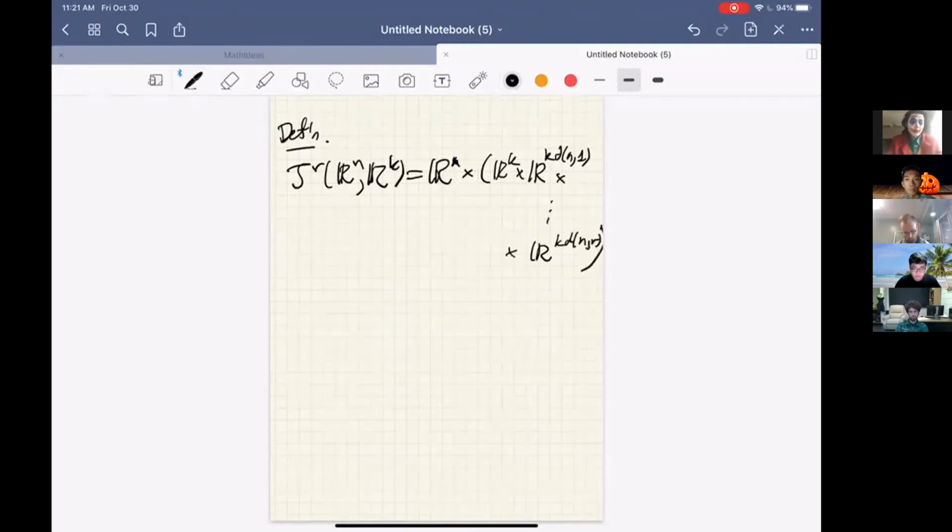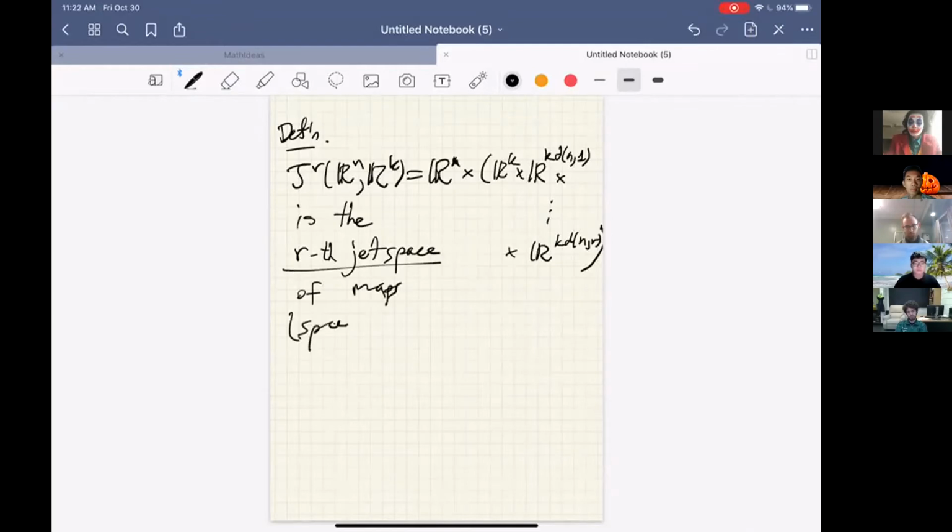This is called the rth jet space, or the space of r-jets of maps from R^n to R^k.